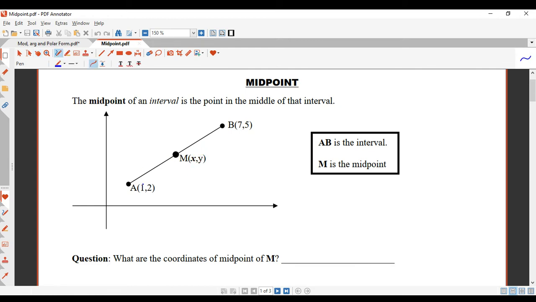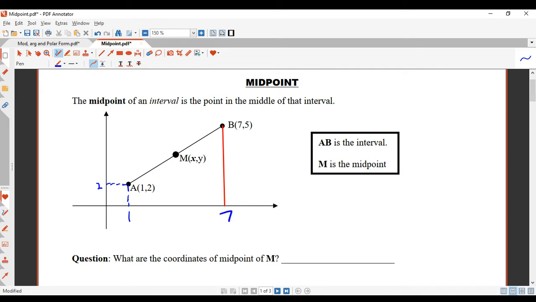Okay, so we've got the point 1, 2. If I draw a little dotted line down there, that's going to be 1, and then a horizontal line across here, that's going to be 2. Let me use my line tools here. If I draw a vertical line down here, that's going to be 7.